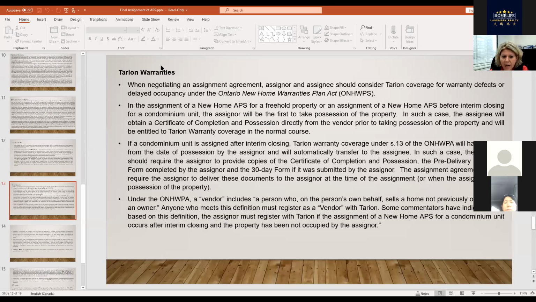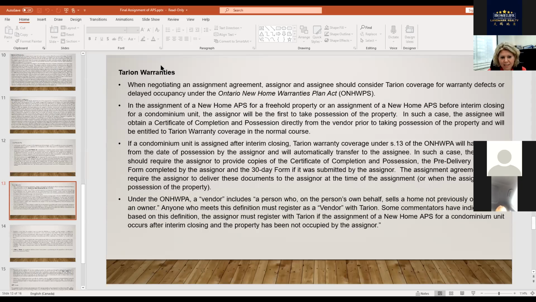In 30 days, I have to submit a 30-day form with the Tarion warranty, and then I have to compare what is written in the PDI report, what deficiency has been complied with already by the developer and what is outstanding. So if I'm the assignor, I should care in 30 days to submit a 30-day form where I'm going to report all the outstanding deficiencies.